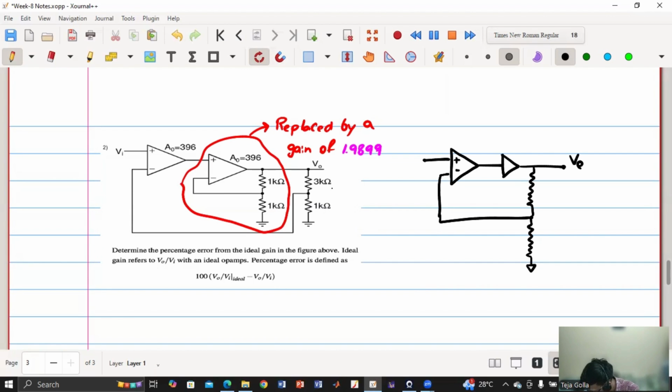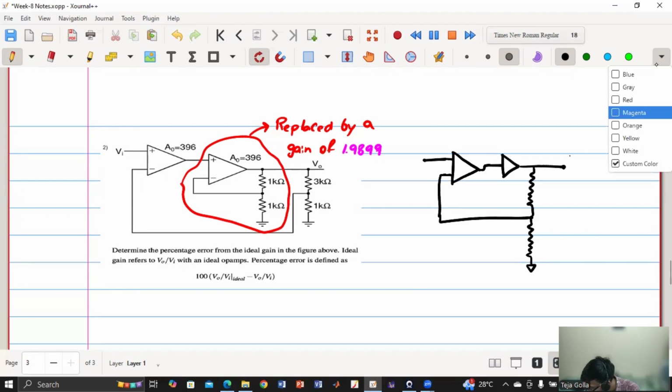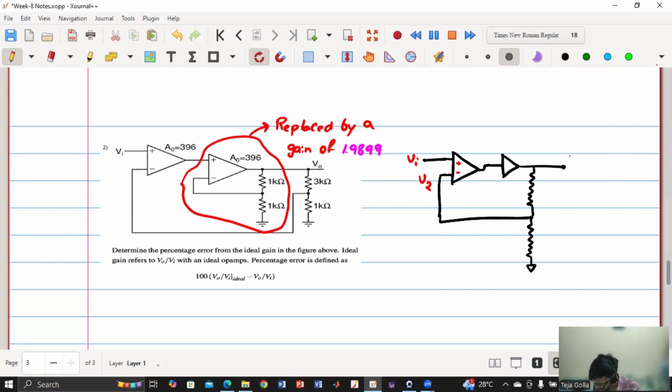I'll use a red color for this so that it will be easy. So this is plus, this is minus, this is V1, this is V2.